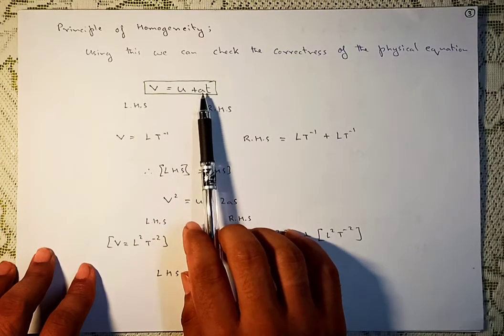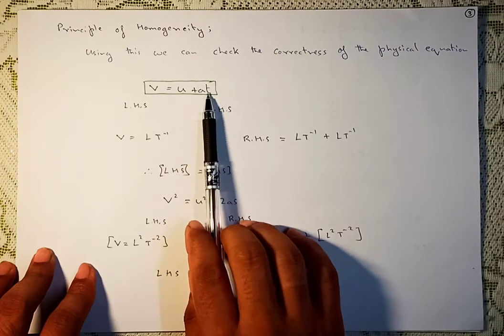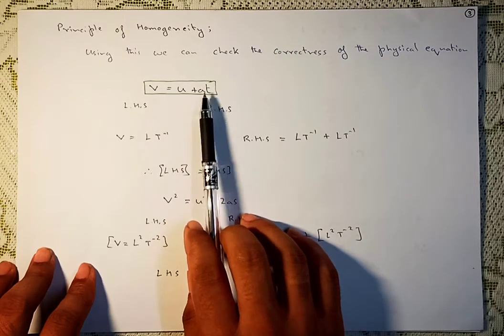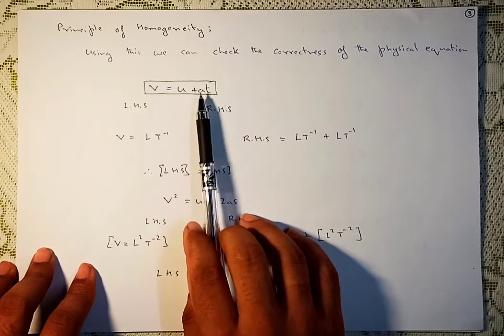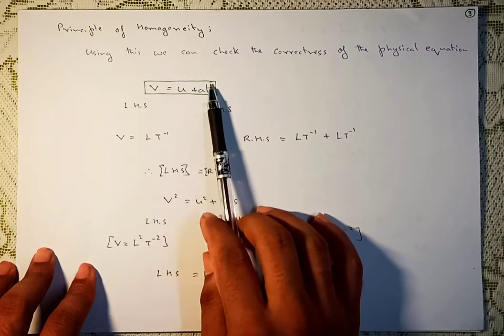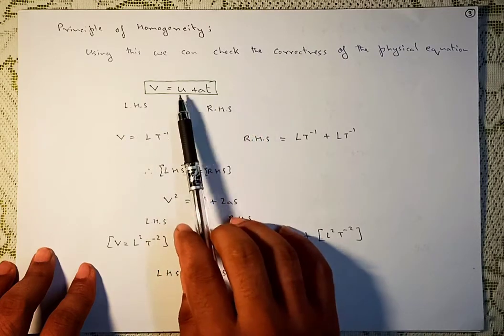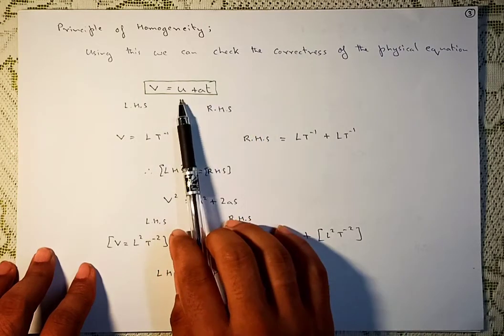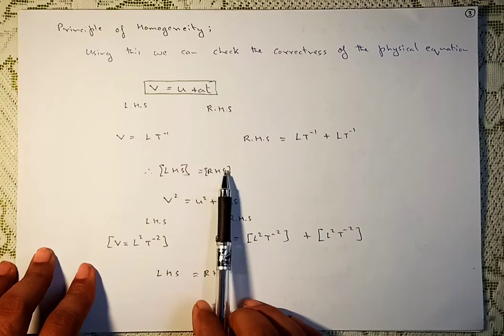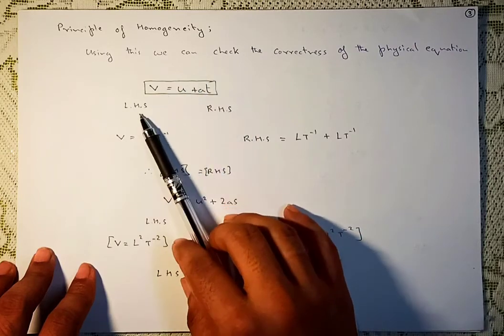Out here, this is L T to the power minus 2, acceleration, meter per second square, and this is T to the power 1. Therefore, T gets cancelled out, and the unit of AT becomes L T to the power minus 1. So the left hand side has LT to the power minus 1, and the right hand side also has LT to the power minus 1. Therefore LHS is equal to RHS, which means this formula is dimensionally correct.